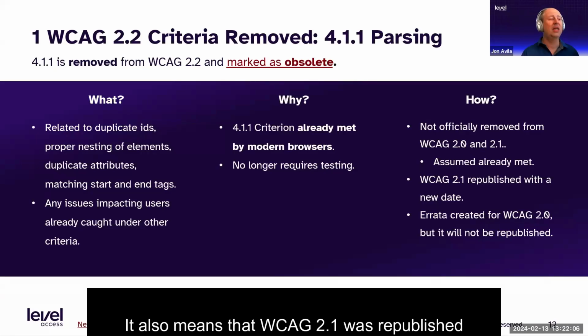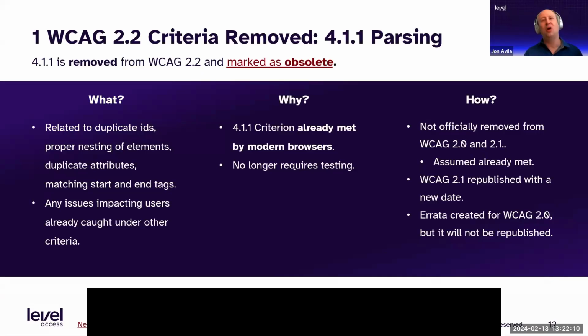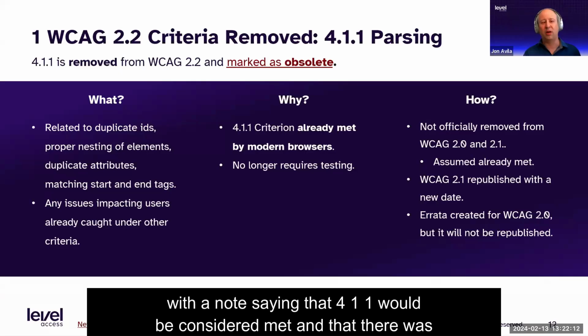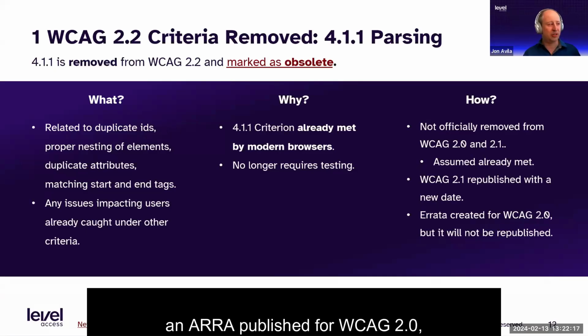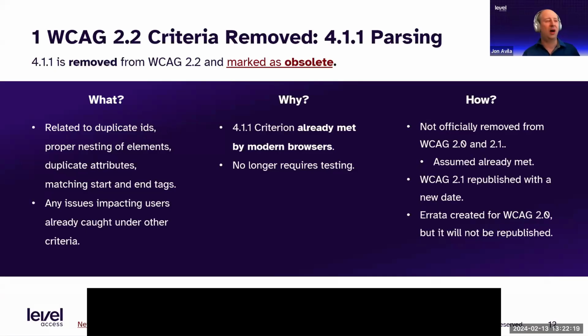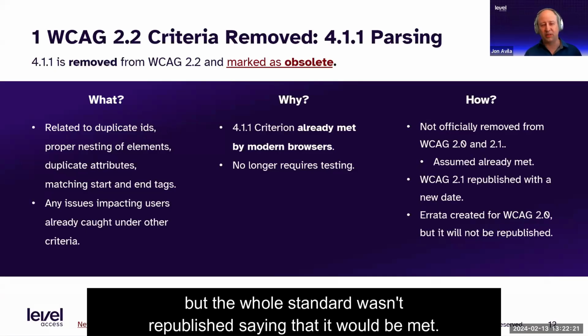It also means that WCAG 2.1 was republished with a note saying that 4.1.1 would be considered met, and that there was an errata published for WCAG 2.0, but the whole standard wasn't republished, saying that it would be met.